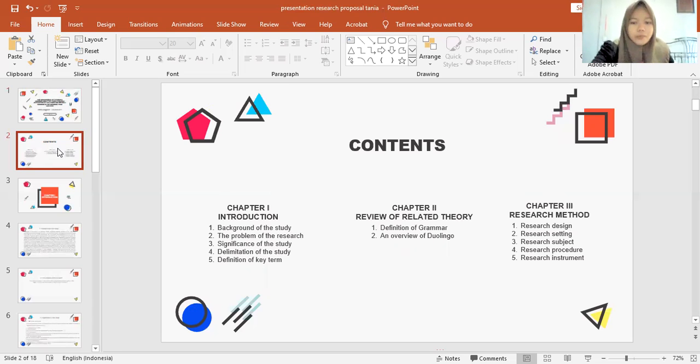We move to chapter 2, review of related theory. There are definition of grammar and overview of Duolingo. And we move to chapter 3, research method. There are research design, research setting, research subject, research procedure, and research instrument.